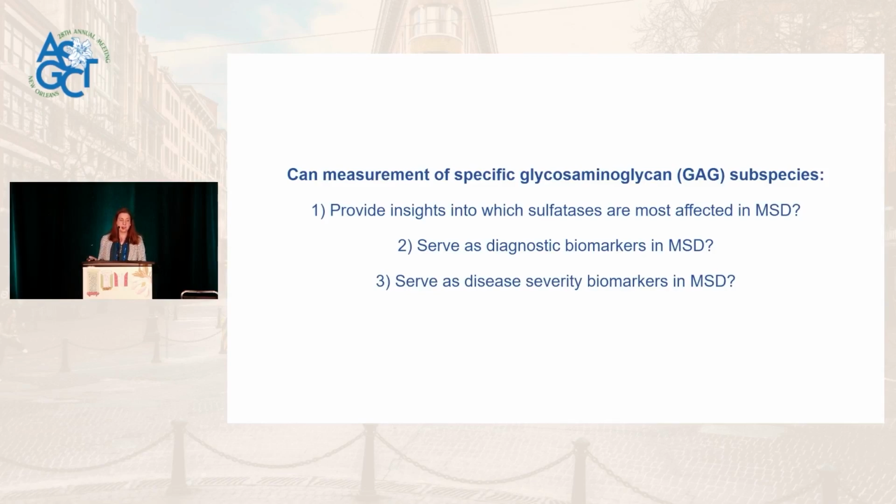So once we looked at the enzyme levels, we moved on to thinking about what builds up when those enzymes are broken. This is important because those are actually more reliable, going to the point before, in terms of being able to do over and over again without differences in the laboratory. And we looked to see if those GAGs, those things building up, could be diagnostic and severity biomarkers.